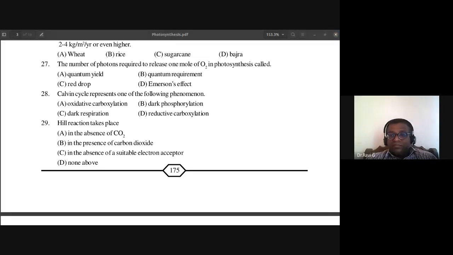Yes, D is the answer, that is reductive carboxylation. Three steps are there in the Calvin cycle: carboxylation, reduction, regeneration. So you can also call the Calvin cycle the reductive carboxylation phenomenon.